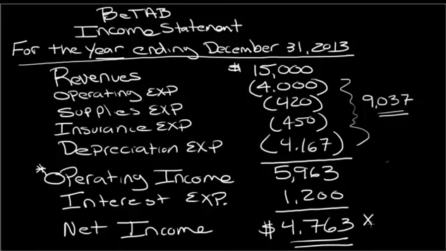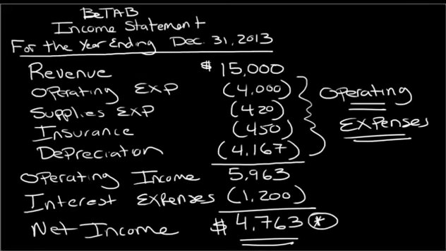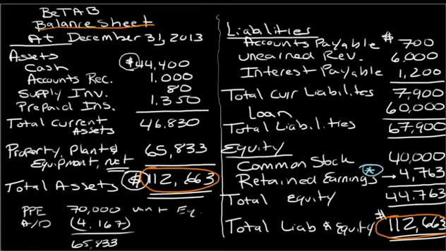Now, this number right here should be familiar to you, because if we go back and look, that same number showed up. We're not on the right one here. Oh, right here. This retained earnings that was in the balance sheet right here.